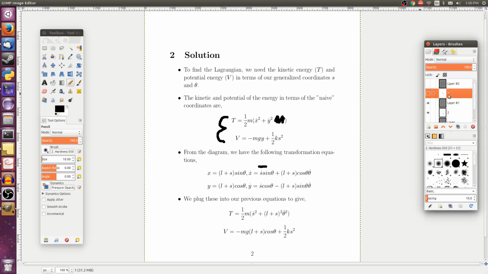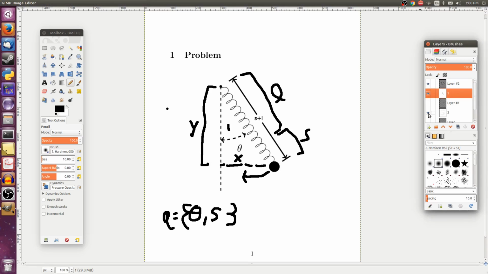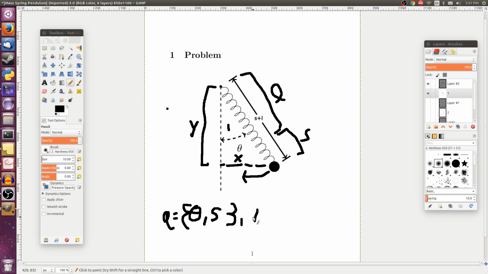So if we look at the geometry of our situation, we can actually get the transformation equations fairly easily. So if we look at our x direction, so we're trying to write this in terms of s and theta, then just from trigonometry we can pretty easily see that it's going to be s plus L times the sine of theta.